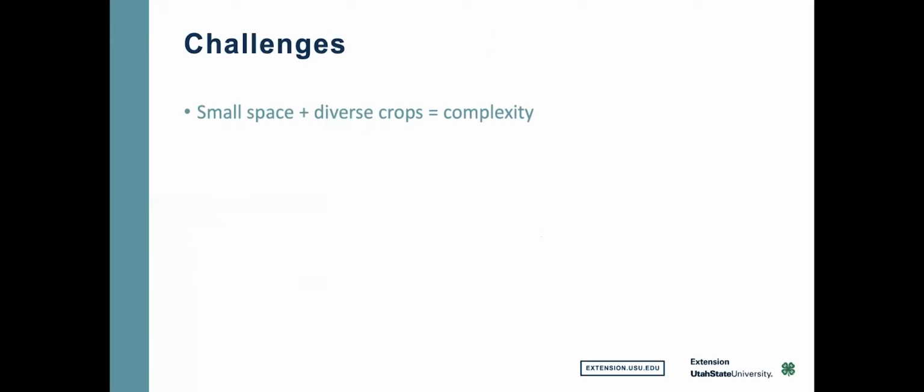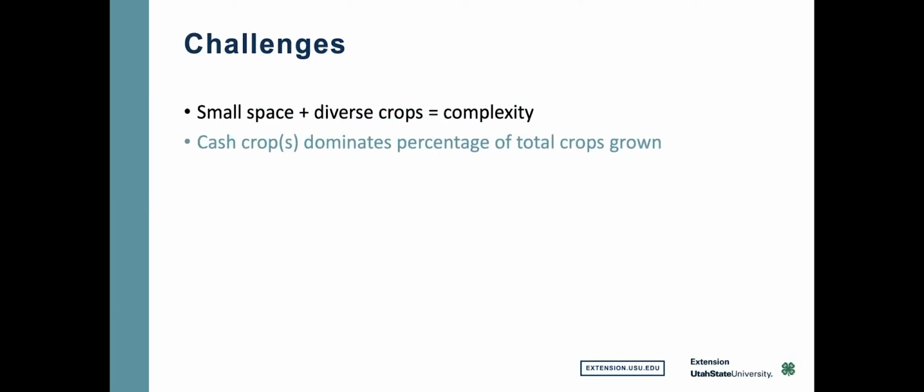I want to address some of these challenges. So inherent in micro farming, in the name, it's a small space, right? And often micro farmers are growing a diverse number of crops. So these two things added together equal increased complexity when it comes to thinking about crop rotation plans. Often you'll have one or two or three, several crops that are your cash crops that really dominate the percentage of the total crops grown.